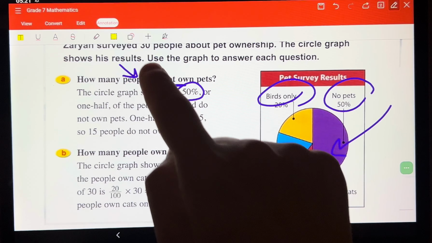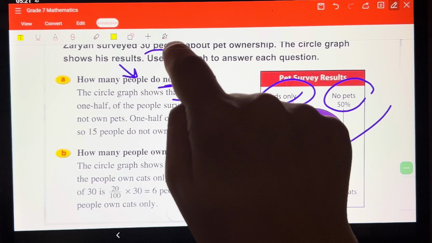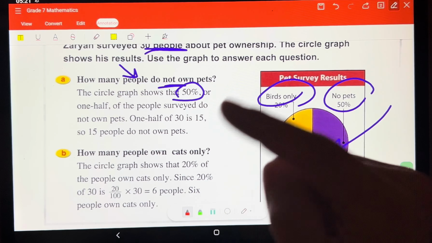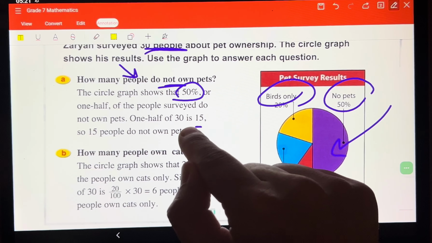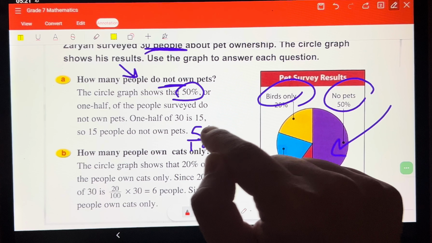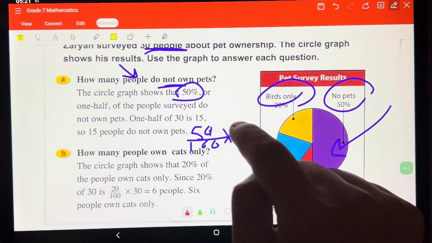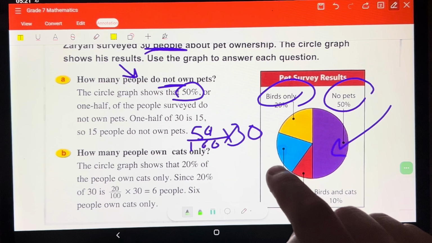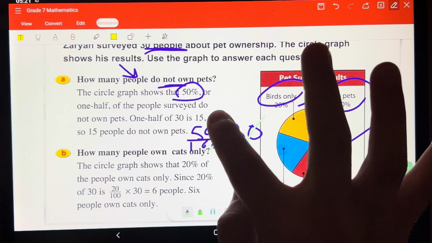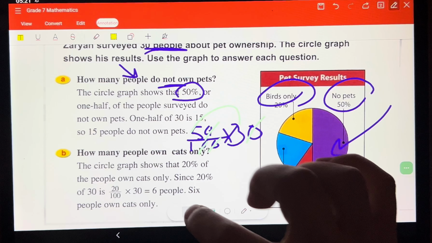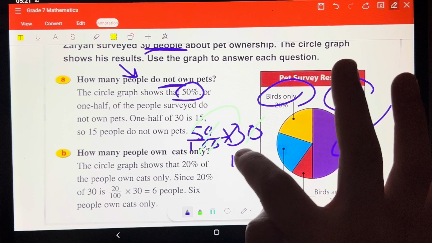For the number of people, first of all, I have got the total of 30 people. Then I say 50%, that means 50 over 100, times the total number of people that we've got, which is 30. After I do this, I start crossing out the zeros that we have, and I'll get 5 times 3, which is exactly 15.